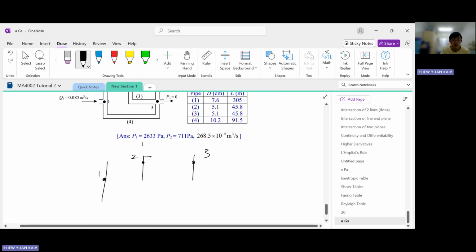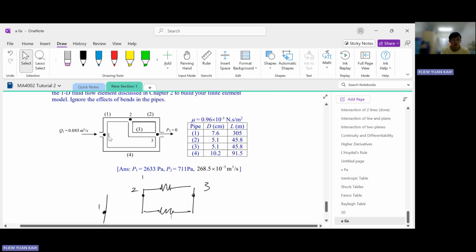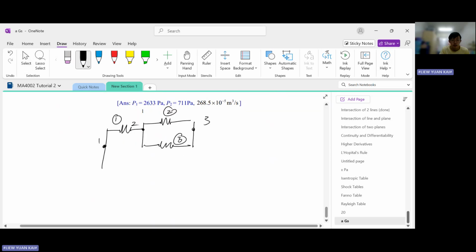And then it contains this element, this element. Nodes 1 and 2 together were combined to form element 1. Nodes 2 and 3 were combined to form element 2 and 3. And finally, nodes 1 and 3 were combined. So I had to extend this out. Nodes 1 and 3 were combined to form element 4.